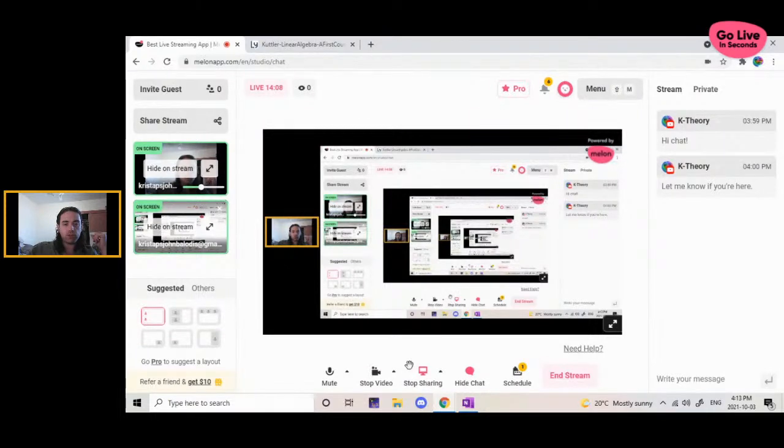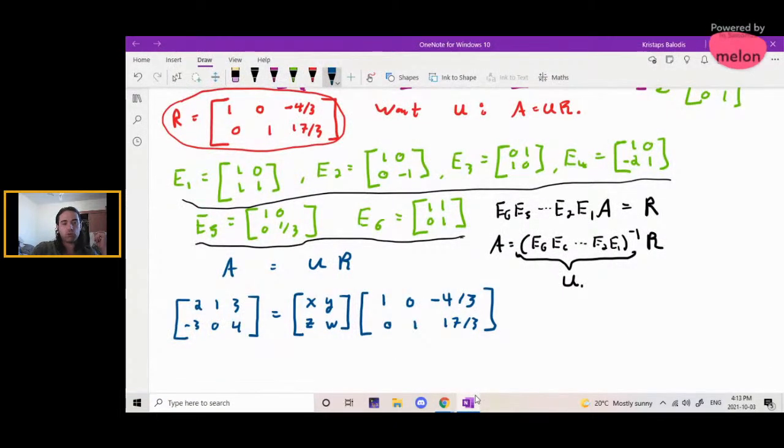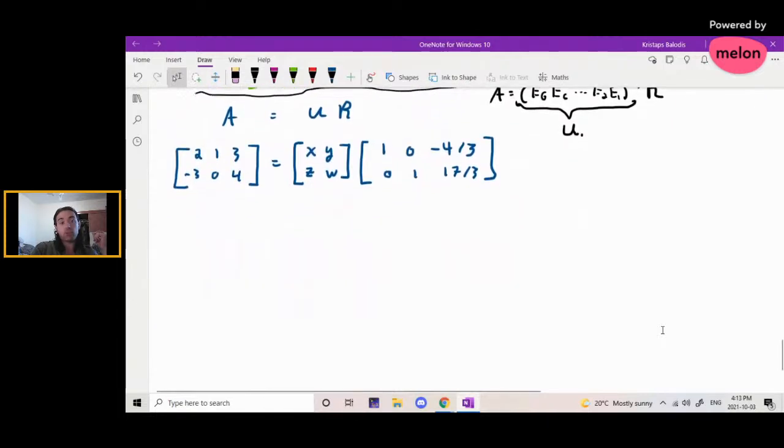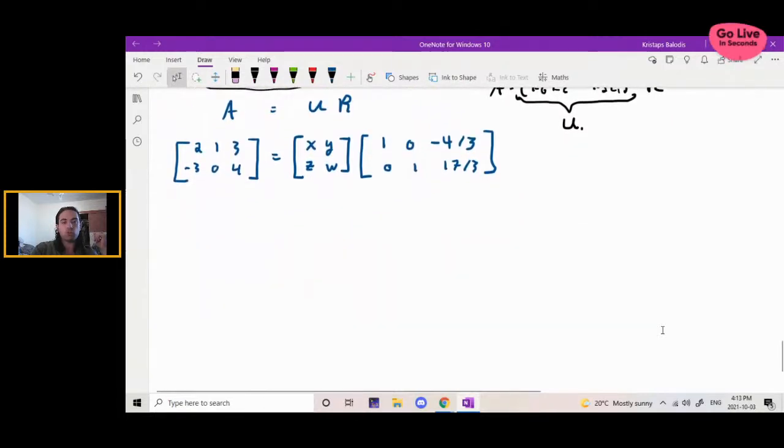So one thing that we could do in order to try and solve this is compute this, and maybe we'll be able to work out what some of these variables ought to be.